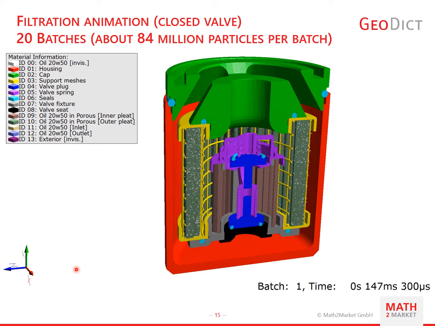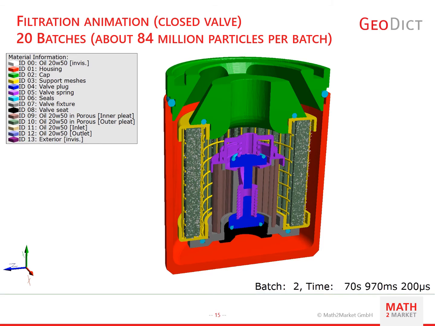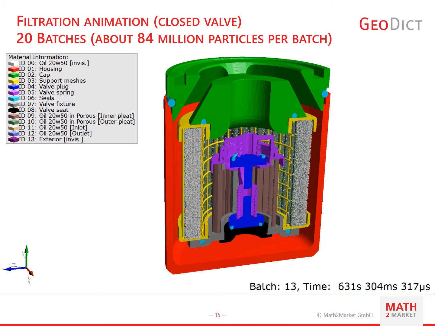So if I start the animation, as you can see here, when the valve is closed, the main filtration occurred through the outer plate, and here in this animation, the particles shown with gray color are visualized with a visualization size factor of 6 for a better visualization.